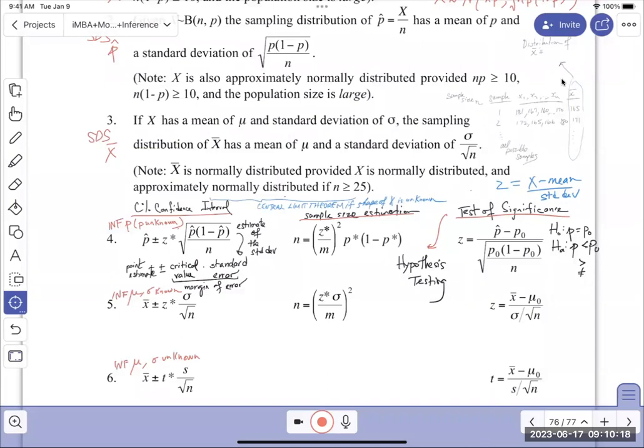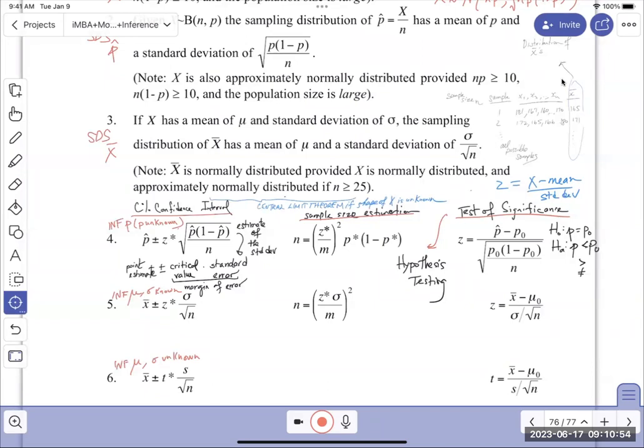And although for the test I'm going to focus on mu with sigma known and mu with sigma unknown, you can do this for other parameters. I have in the notes gone into looking at two populations to test if a proportion is the same between two populations.